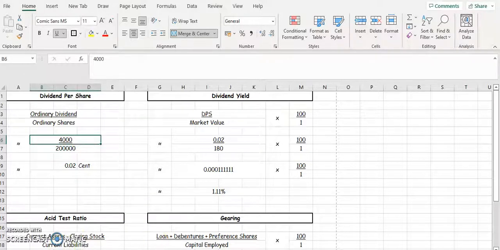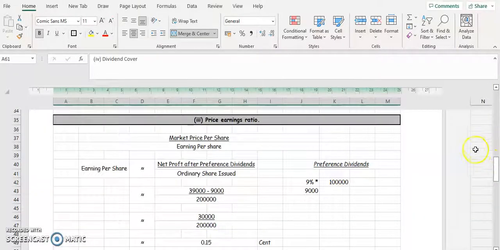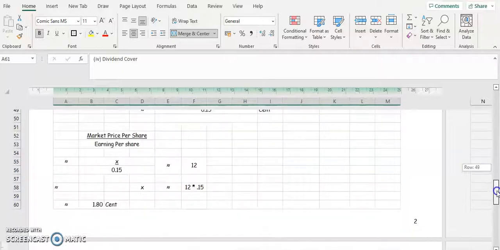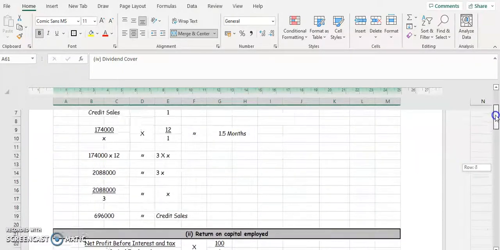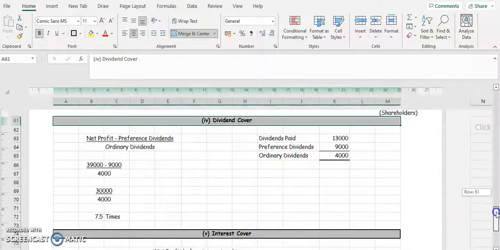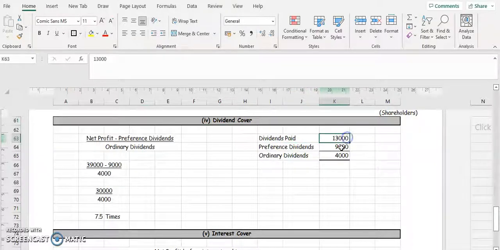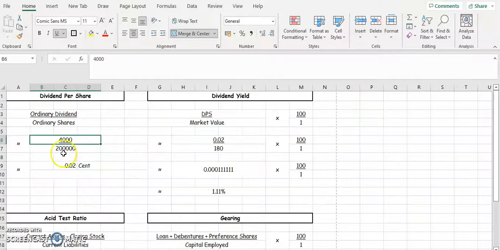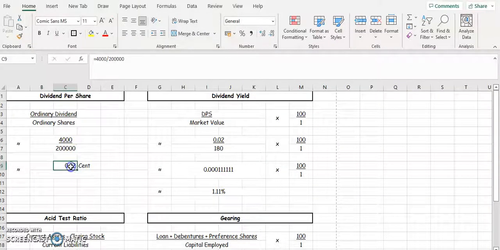So we would have calculated that back in your previous adjustments back here. Yeah, so as part of dividend cover, dividend paid 13,000, preference dividend is 9,000, so your ordinary dividend is 4. So your ordinary dividend is 4 divided by 200,000, so 2 cents is going to be your dividend per share.